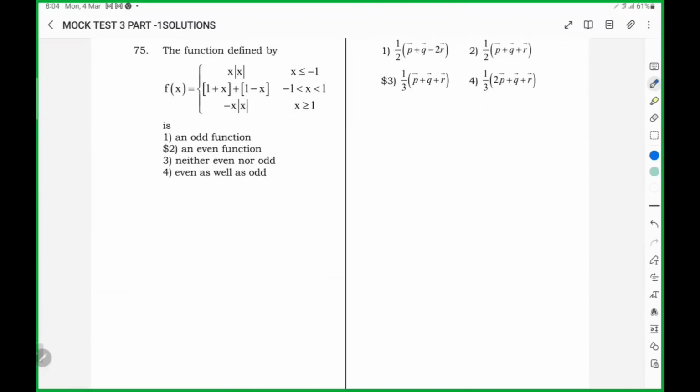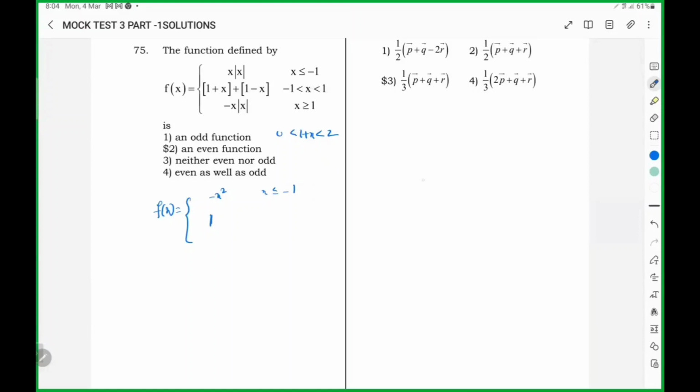This problem, f of x becomes minus x square. When x lies between minus 1 and 1, 1 plus x lies between 0 and 2. The step function will be 1.